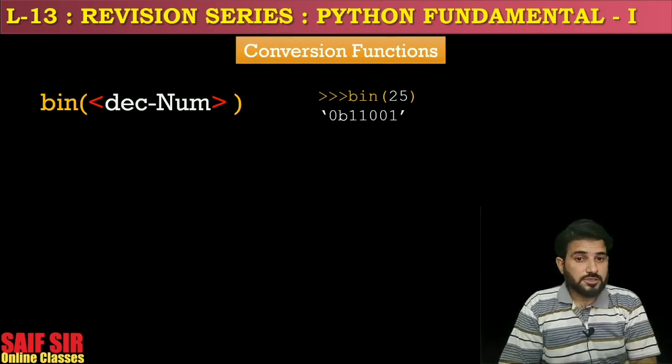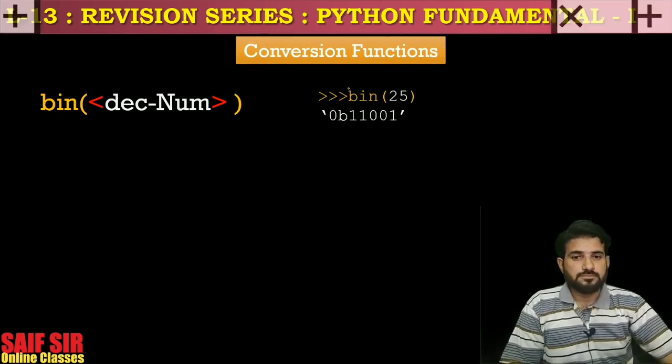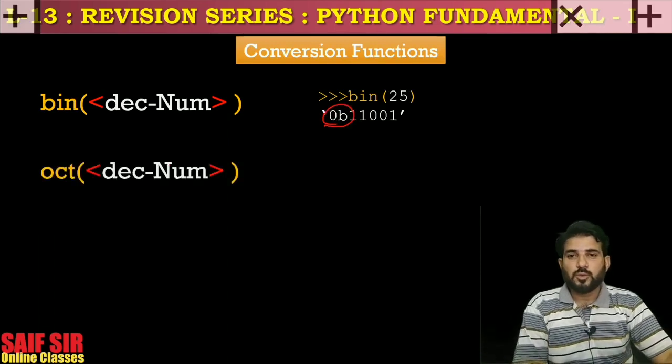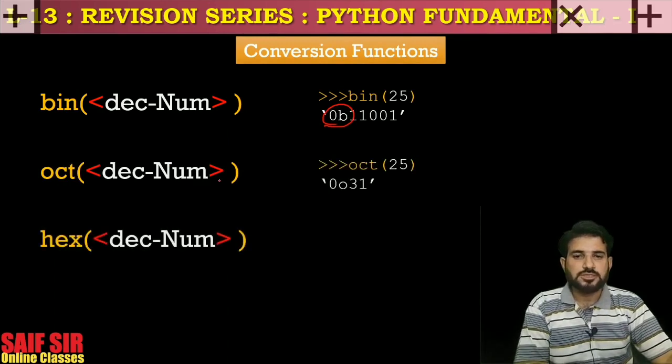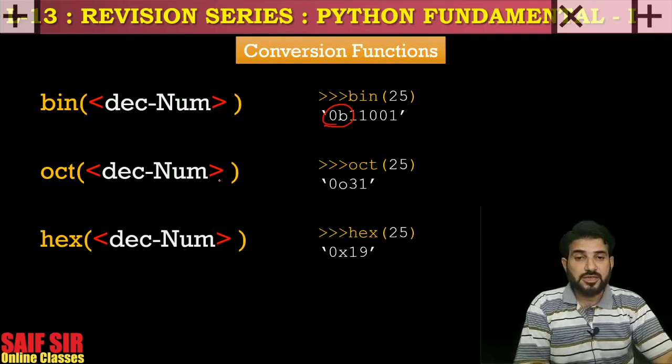But if you notice here, 0b is given. For octal, same as it will give you the octal number 0o31, and hexadecimal will give you 0x19, or whatever number you pass. Accordingly you will get the answer. So this is the story of these three functions, and please keep it in mind, it is very helpful sometimes.